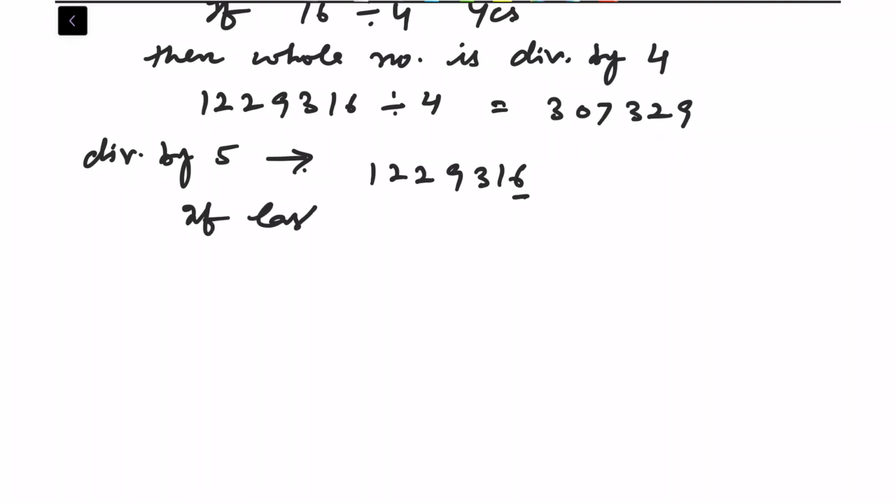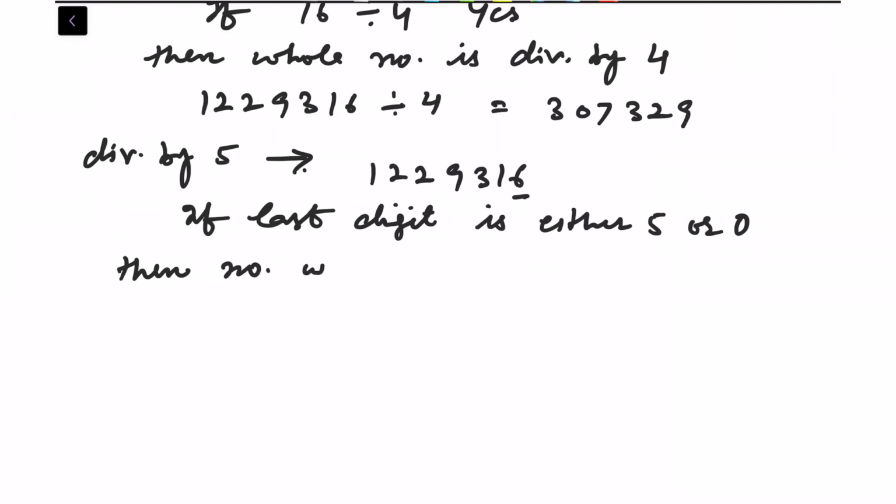If the last digit is either 5 or 0, then the whole number will be divisible by 5. Otherwise not.